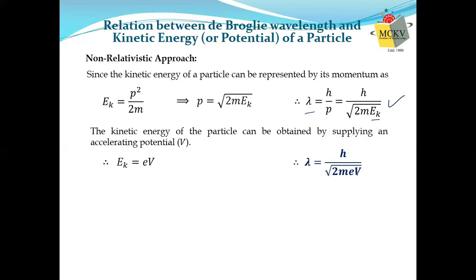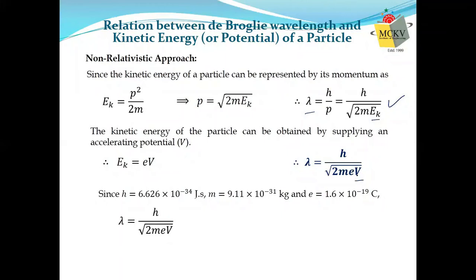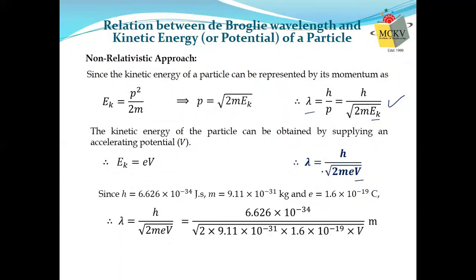Now, if we consider the particle as an electron, then all the quantities here except V are known for the electron. We know Planck's constant, and the mass of the electron and charge of the electron are also known. If we put those values in lambda, then the wavelength of the de Broglie wave comes out to be 1.227 into 10 to the power minus 9 by root V in meter.